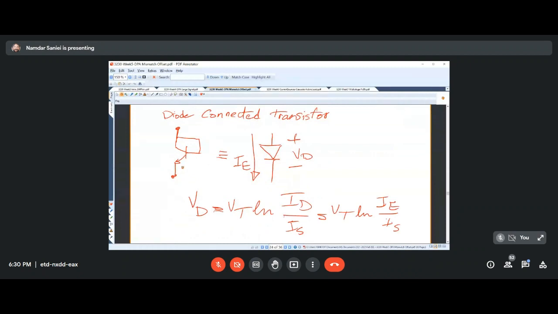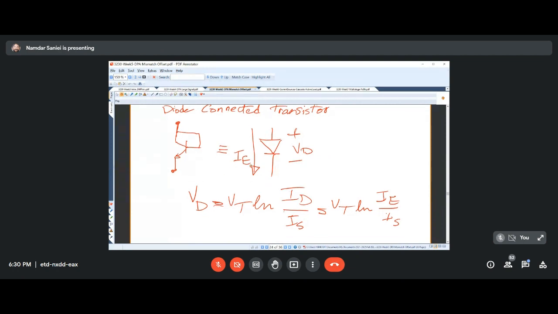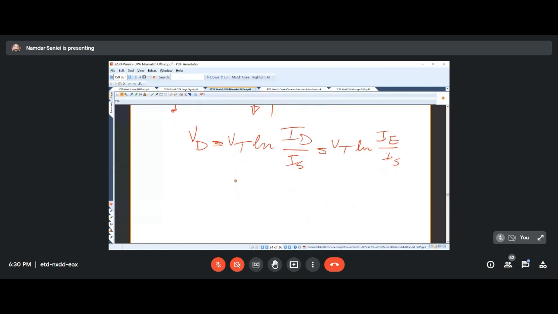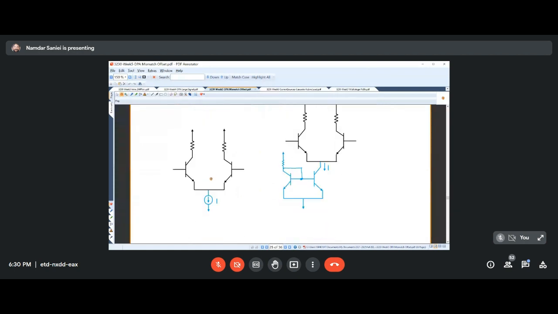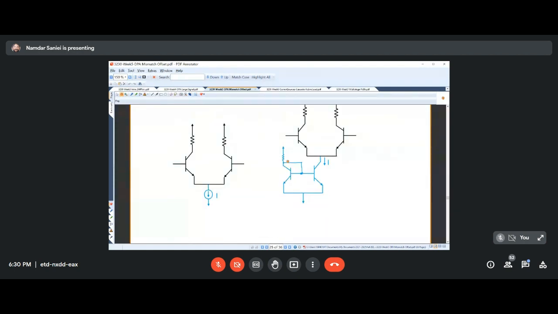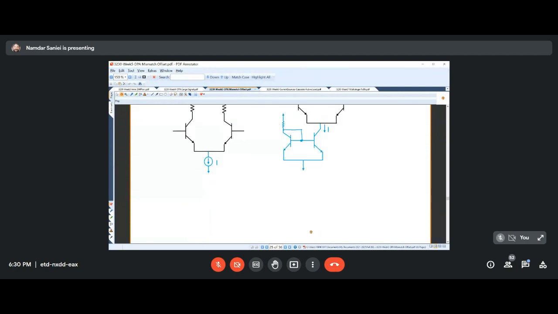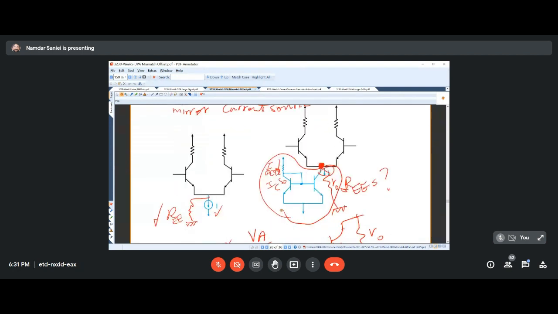And then we mentioned that the diode connected transistor in DC acts like a diode which can pass emitter current from its anode to the cathode. This is how the current source fits under the differential pair amplifier to bias it.